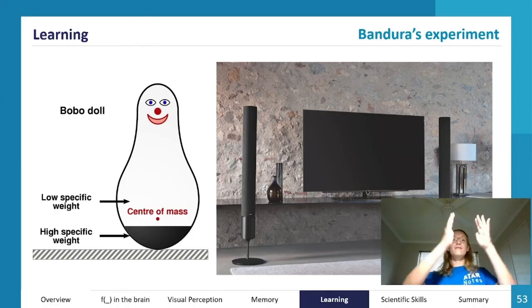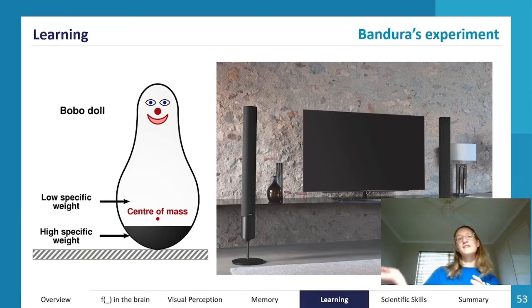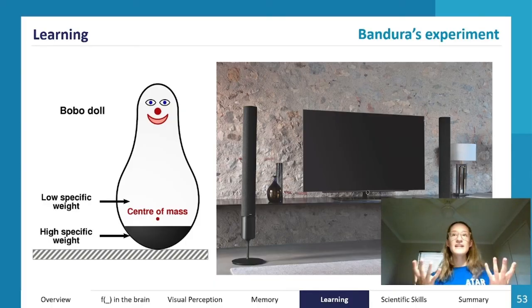It's one of those inflatable toys that has a really low center of mass so that you can kick it and hit it and it can move around. So social learning theory, boiled down very, very basically, is the idea of monkey see, monkey do. If I see somebody else do something, I'm more likely to do that. Or if I don't see somebody else do something, I'm more likely to not engage in that behavior as well.